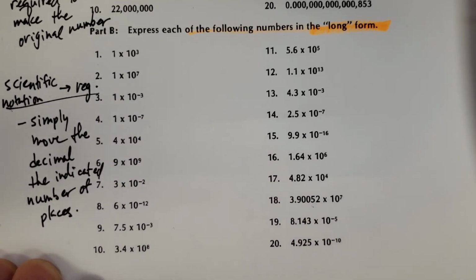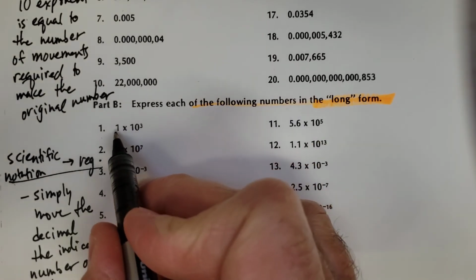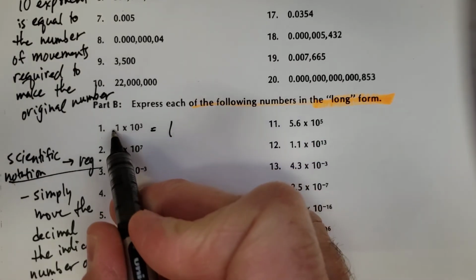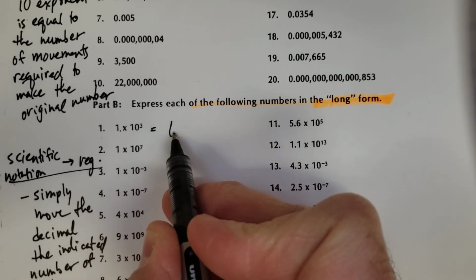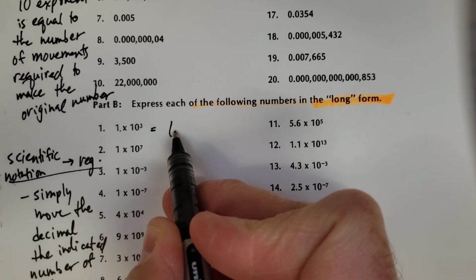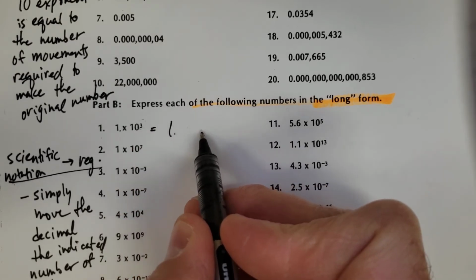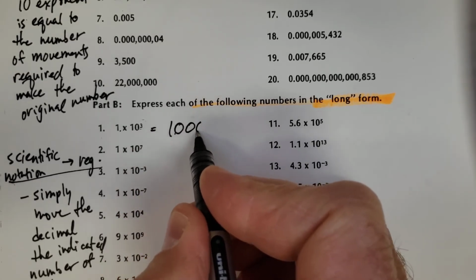So you simply do what it tells you to do. So over here, in this 1 times 10 to the 3, we of course know that the decimal is after the 1. It's not written, but we know it's there. And moving it 3 places to the right. 1, 2, 3 would involve 1, 2, 3.